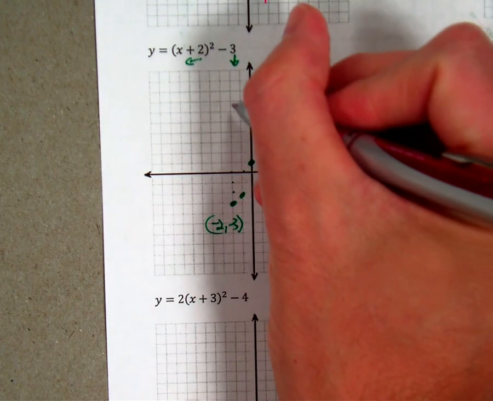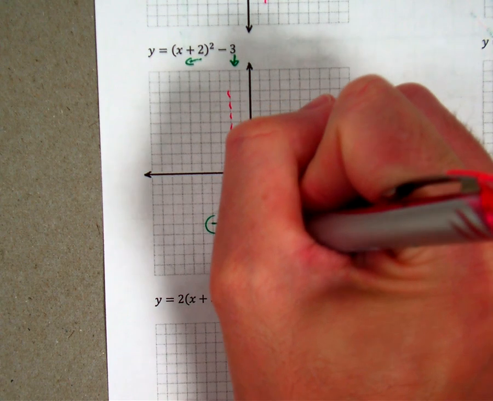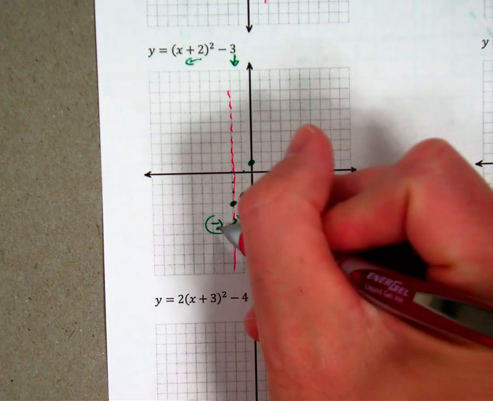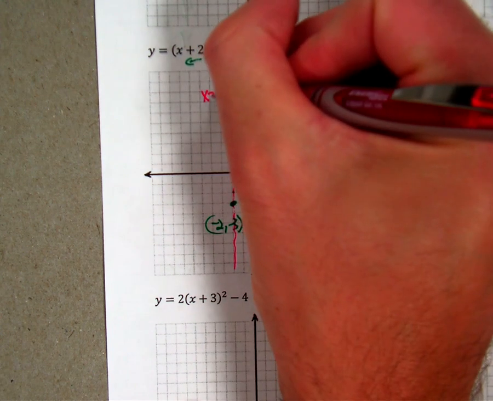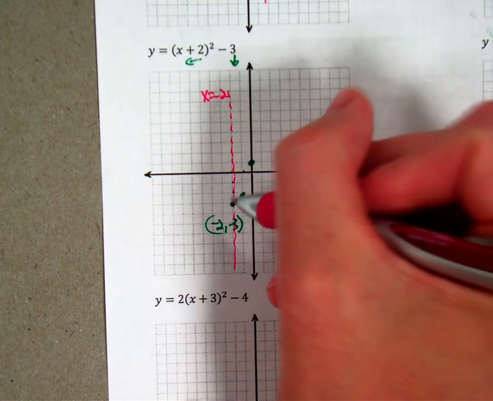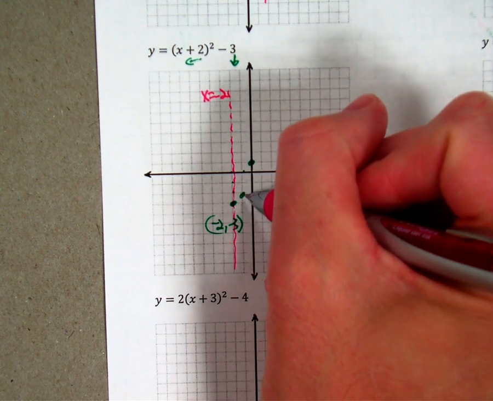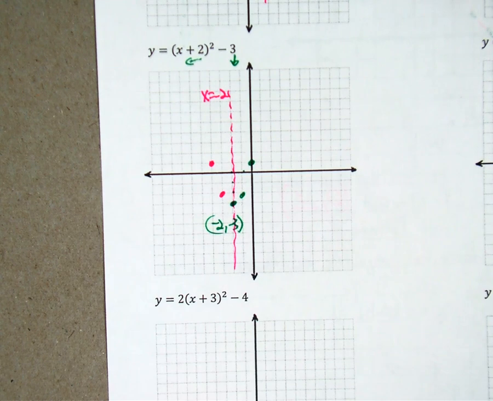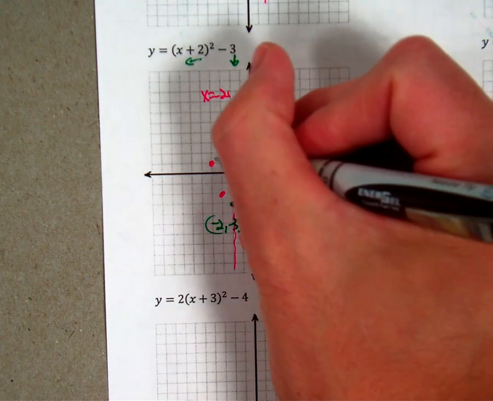Let's get that axis of symmetry right down the line through the vertex, which reminds me it should match the vertex x number, negative 2. Flip these points over. And curve it out.